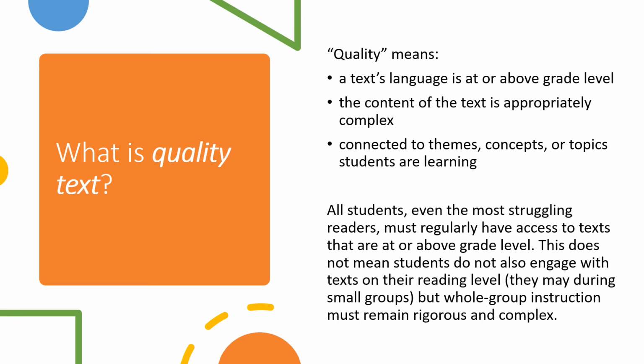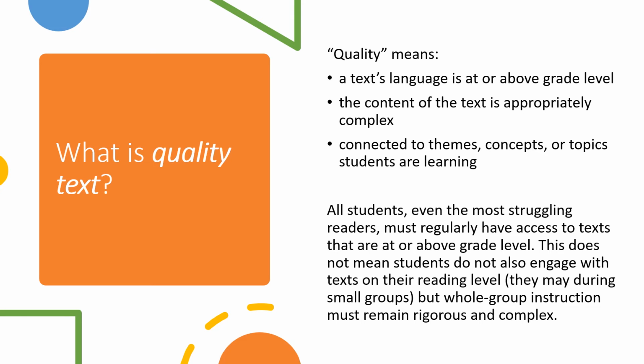When we talk about quality text, this is what we're referring to. The text language is at or above grade level. The content of the text is appropriately complex. It's connected to themes, concepts, or topics that the students are learning. So when we talk about selecting quality text, these three aspects are what we're talking about.